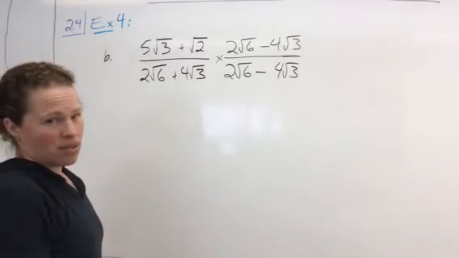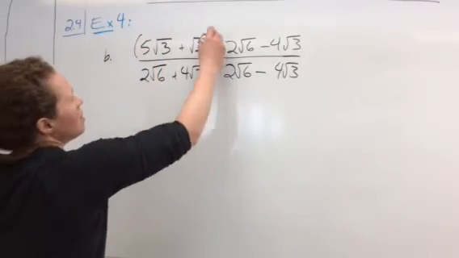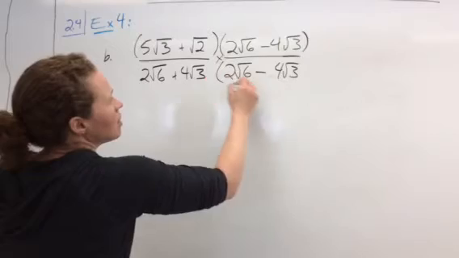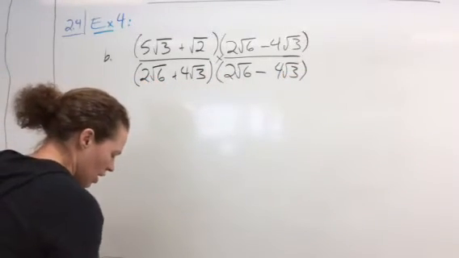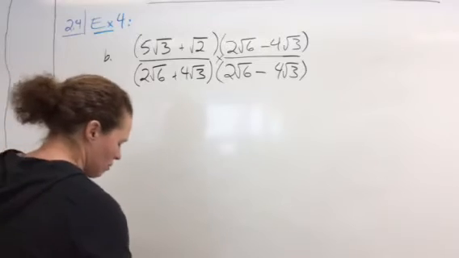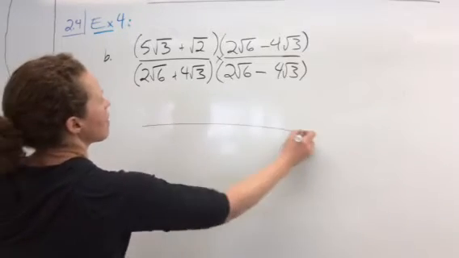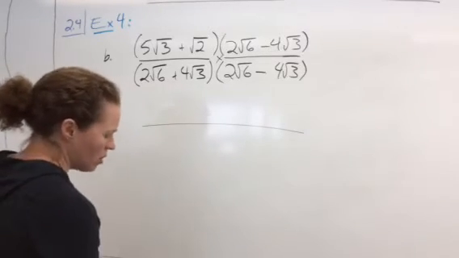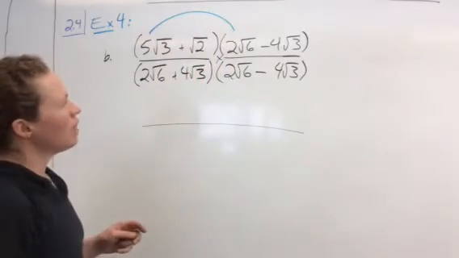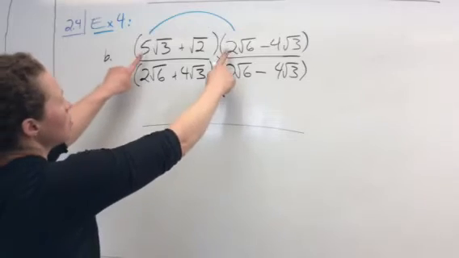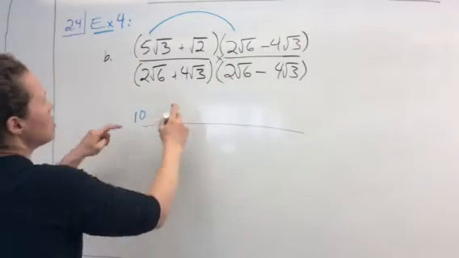Okay, so let's just save ourselves a little room this time and set up the brackets right off the start. Now I can start with the top. Let's just put a line there so we can guide what we're doing. And I'm going to go first. 5 root 3 times 2 root 6. 5 times 2 is 10.